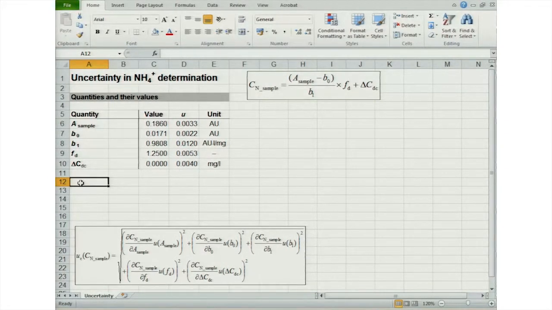In this file, I have already compiled the input data, the values of the input quantities, their standard uncertainties, and their units. And just to remember, I have also brought here the model equation and the equation according to which we calculate the standard uncertainty.